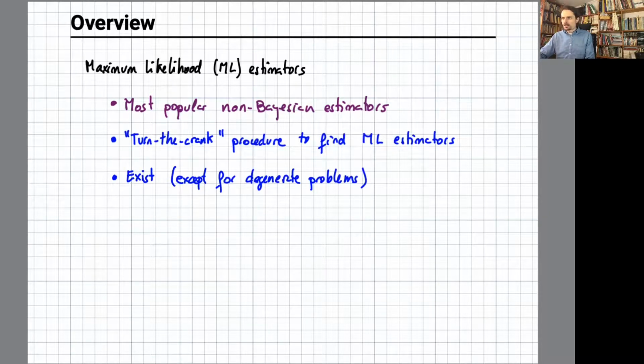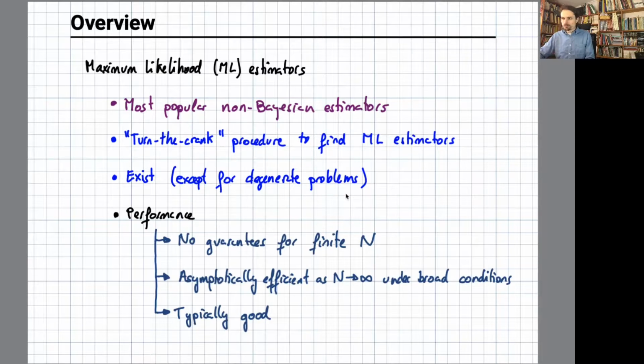And their popularity can be ascribed to the fact that there's a straight path to derive them. So no complicated theorems or procedures to obtain maximum likelihood estimators. And besides, they are warranted to exist except in degenerate situations.